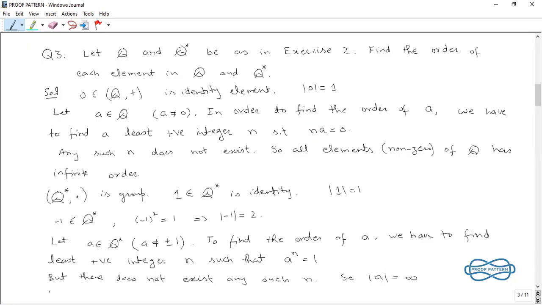So every element of Q star other than plus or minus 1 has infinite order.